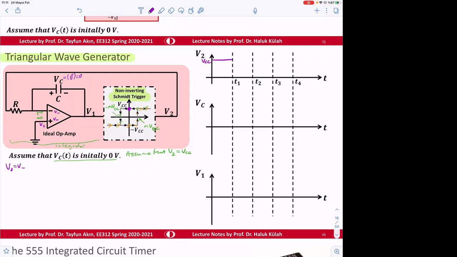Because of the gain of the op amp, we know that the two inputs will be equal to each other. And since this is 0 volt, here V minus is always going to be 0 volt. V minus is always going to be equal to V plus because of the op amp.